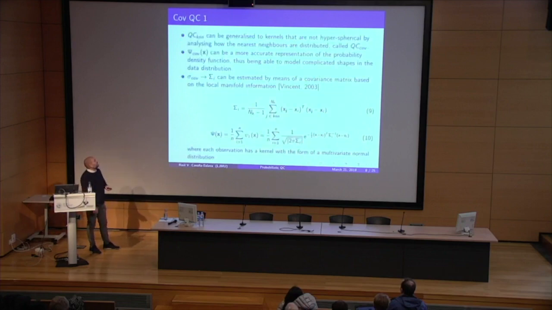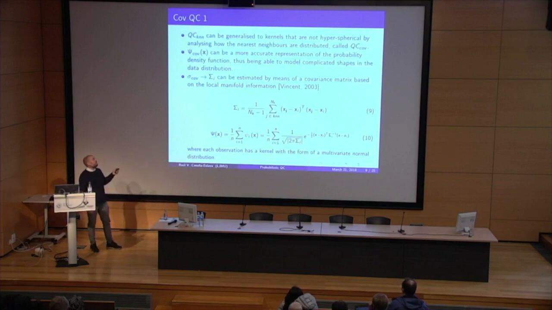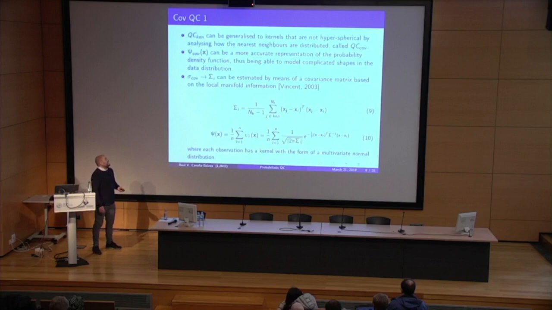So the next step should be, instead of considering spherical Gaussians, to approach it with a local covariance matrix, recovering the local manifold information based on that work from Vincent in 2003. The idea is more or less the same, but instead of spherical Gaussians, we can play with covariance matrices.